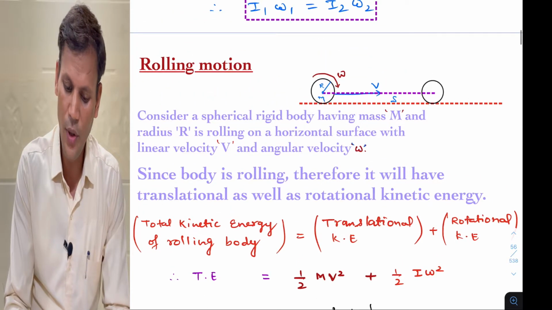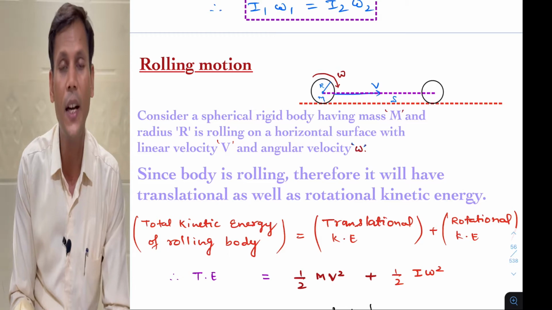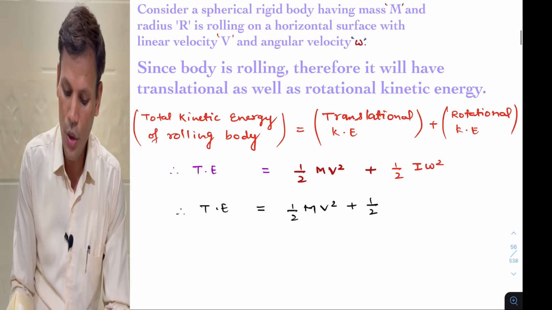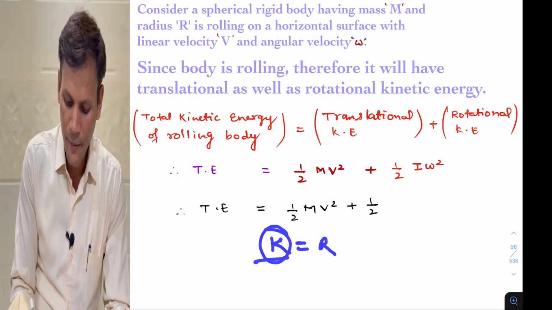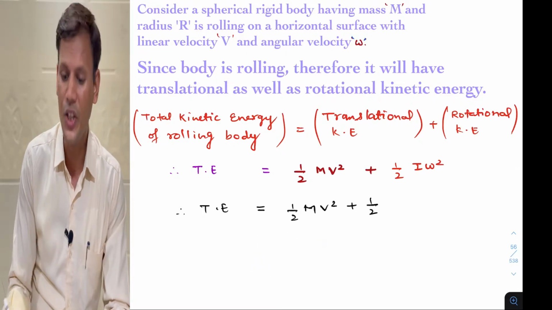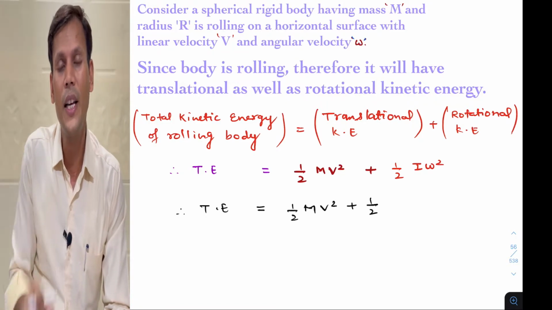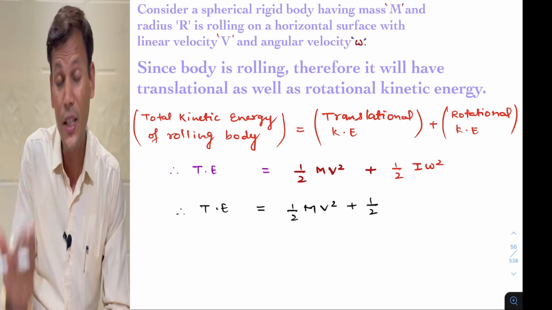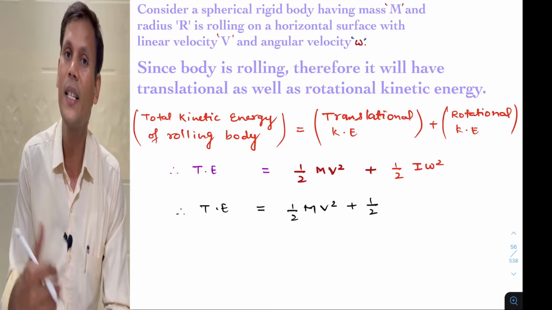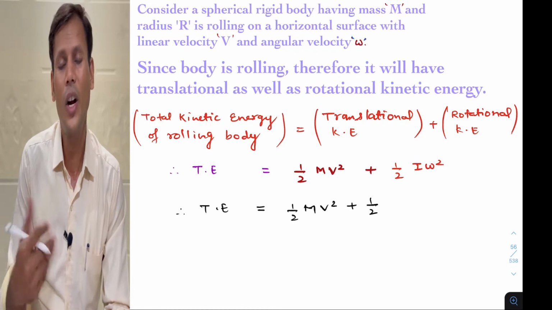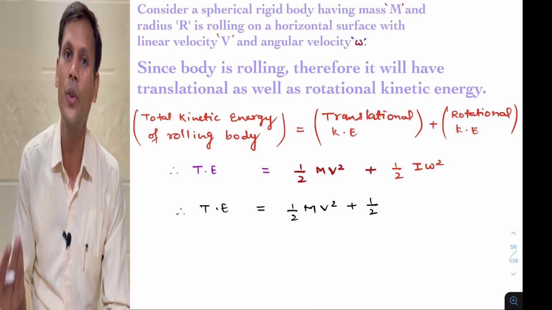For a spherical body, k is equal to r. K is the radius of gyration and r is the radius of the sphere. So for a sphere, the radius of gyration is equal to the radius of the sphere, so in this case k is equal to r.